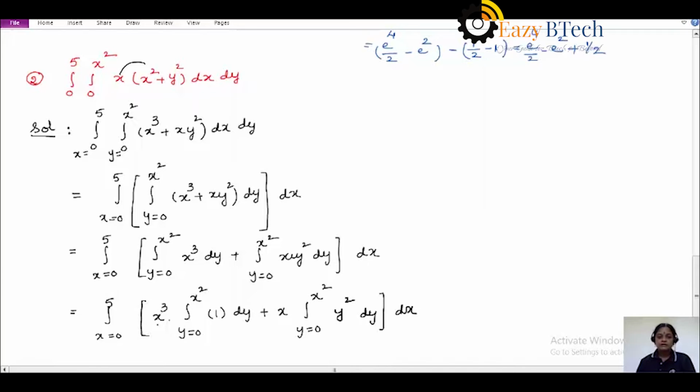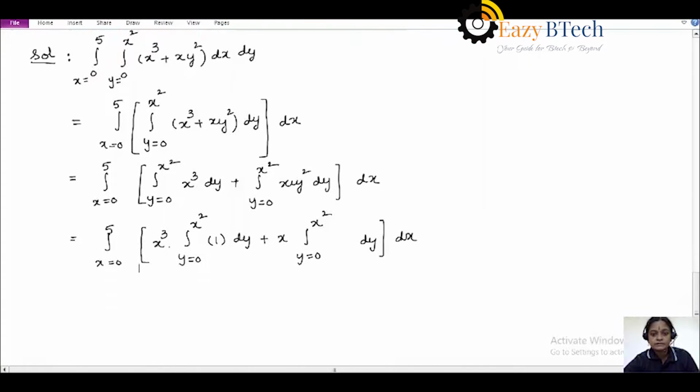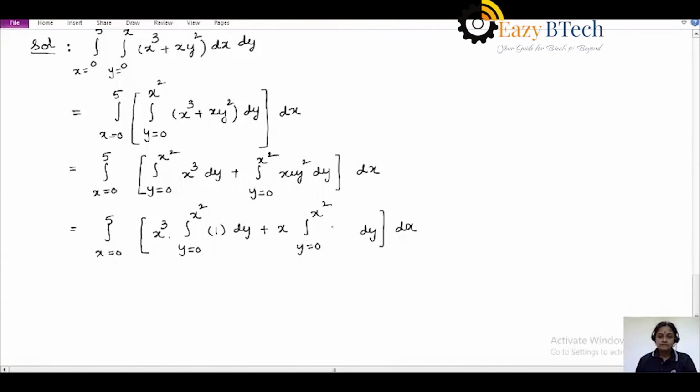Because with respect to y we treat x as a constant, that's why x is common here.